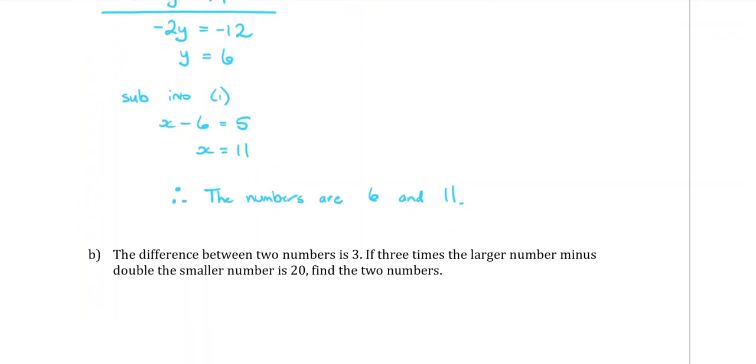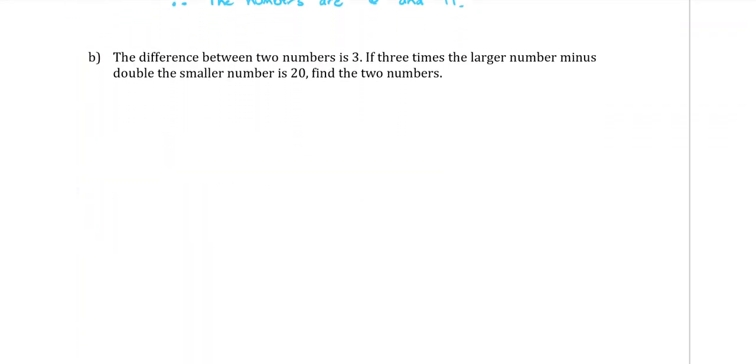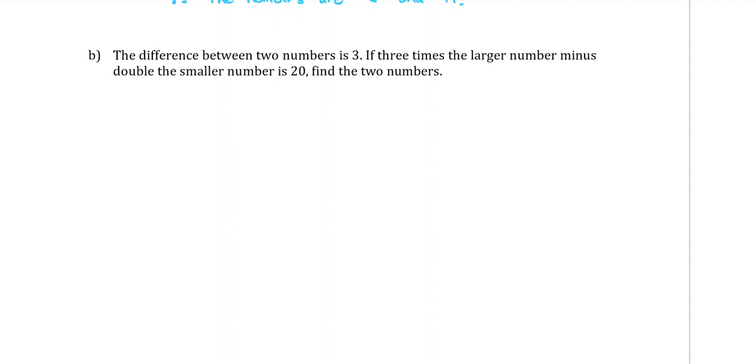Okay, let's move on to part B. The difference between two numbers is 3. Again, let's start by saying, let the numbers be X and Y. So the difference between them is X minus Y is equal to 3. Again, X would be the bigger number.